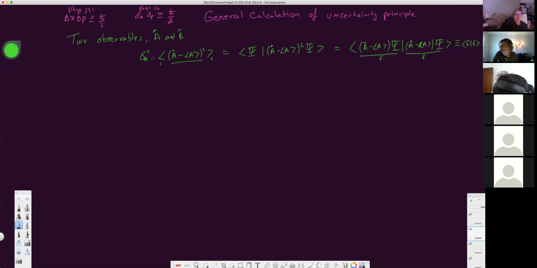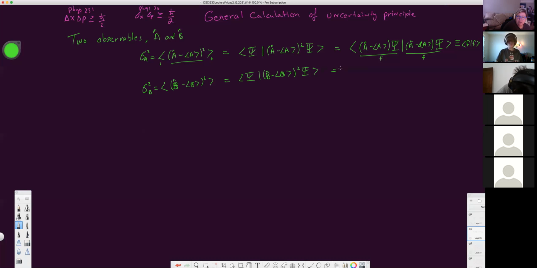Sorry, this should be the equal sign. Sigma squared B is, of course, the expectation value of the deviance from the mean. B hat minus expectation value of B, all squared, in expectation value. Write that in ket notation, again with a psi. And we have B hat minus the expectation value of B, squared, acting on psi.